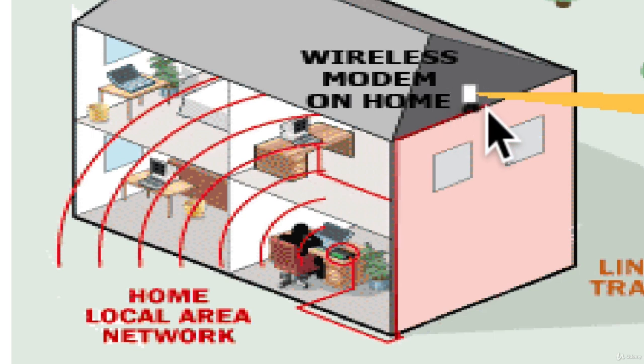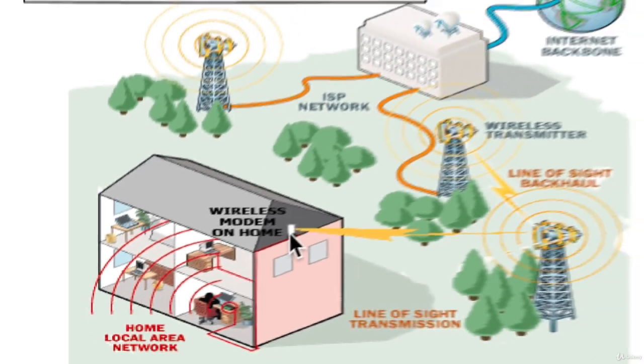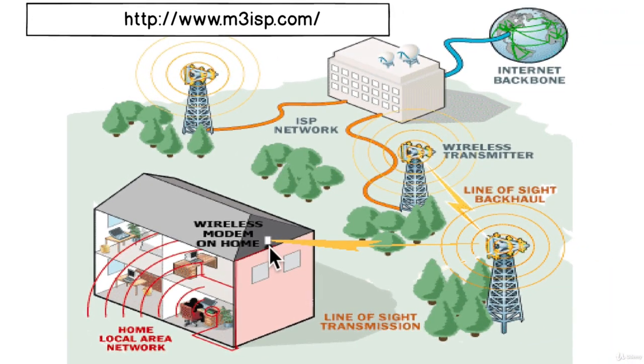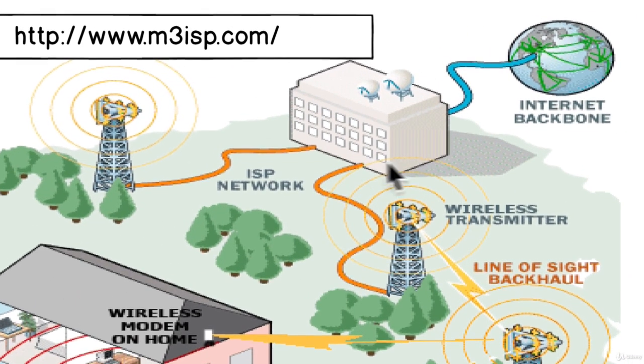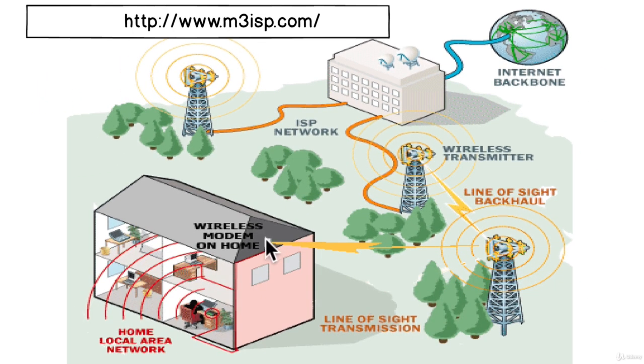That's this box over here that allows the ISP, the internet service provider, this big building over here, to connect to it. So this modem has these signal towers that transmit signals of google.com, and it receives these messages.